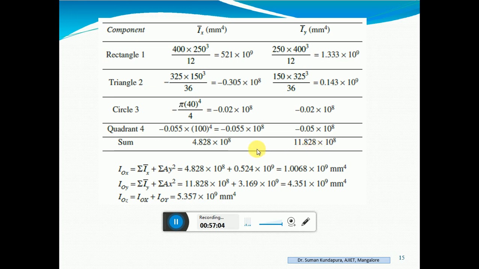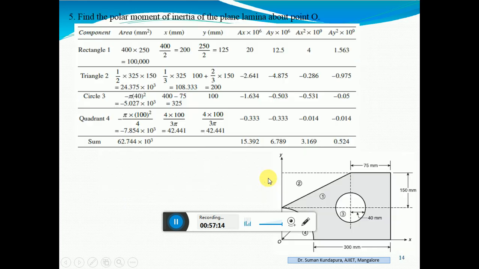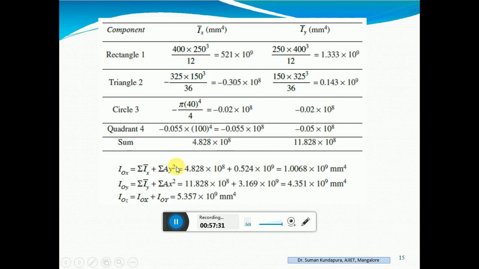Next we are supposed to find out, using the parallel axis theorem, IOX is equal to summation Ix bar plus area y square, correct?